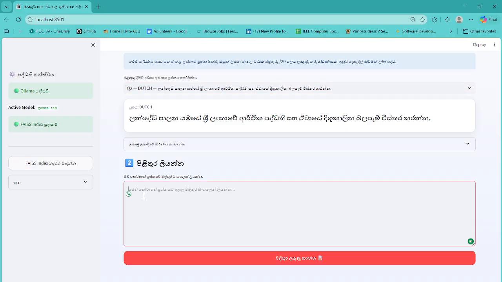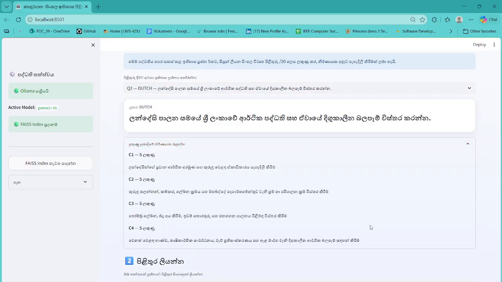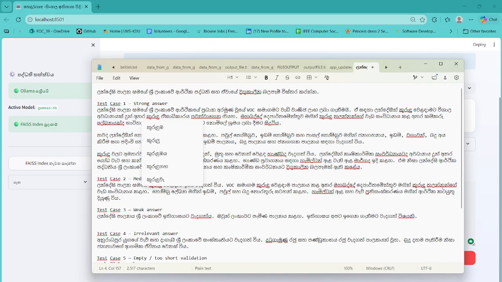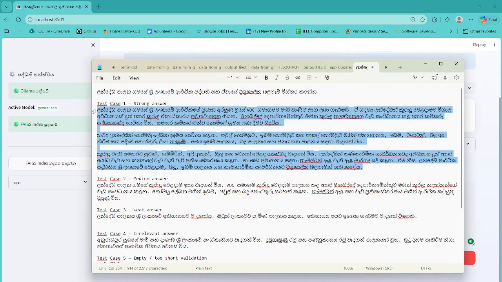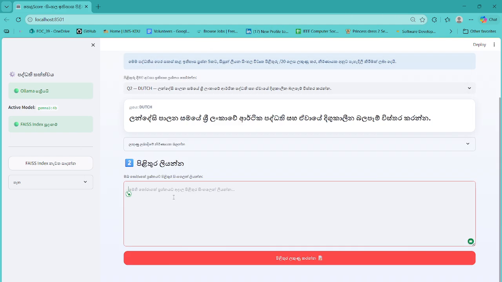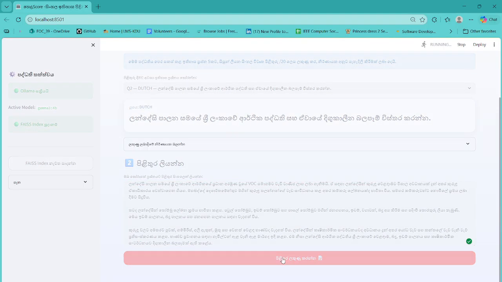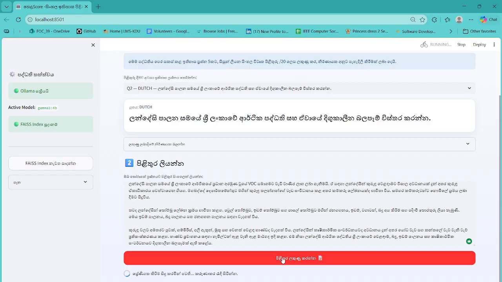Here are the five criteria and the marks allocated. I am now testing a strong answer. This is my first test case. Now let's see how it turns out.